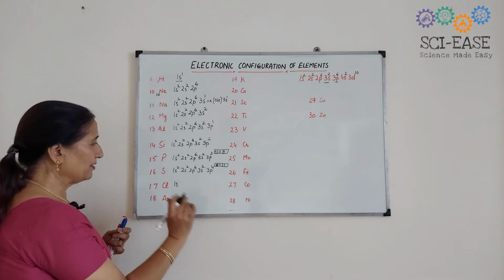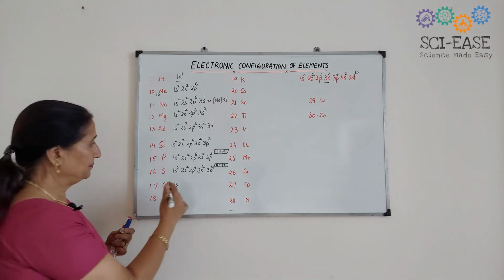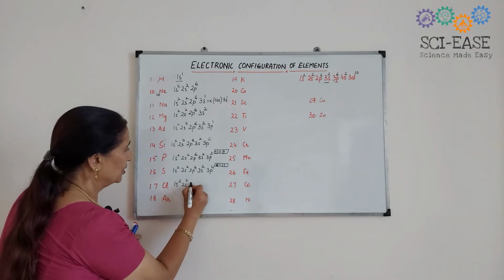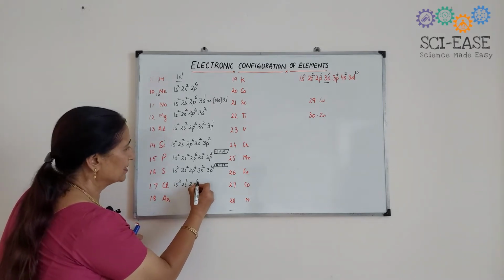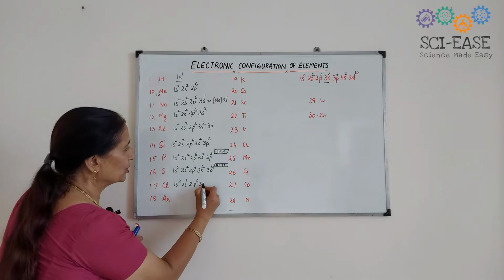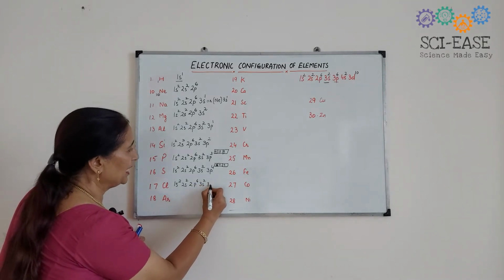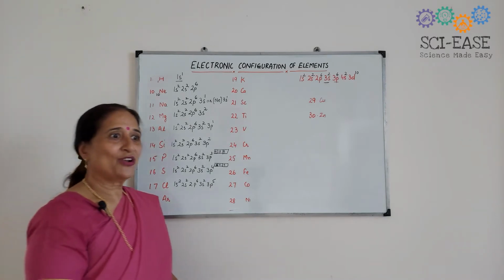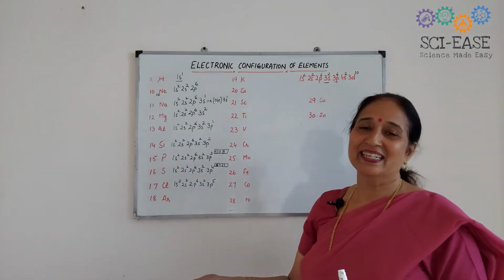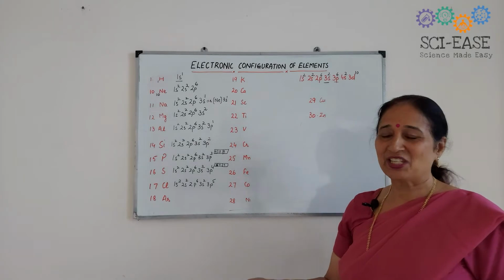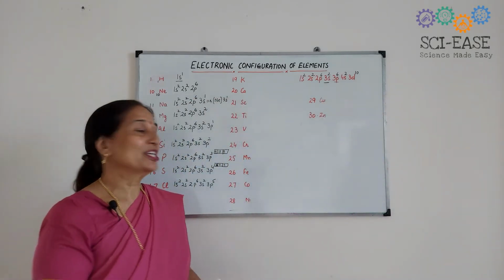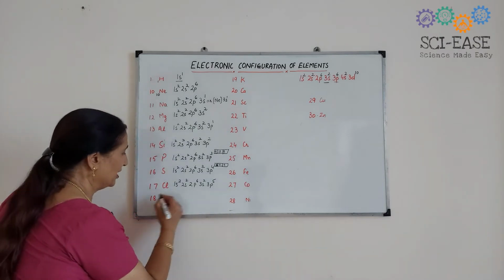So chlorine is 17. It is a halogen. 1s2, 2s2, 2p6, 3s2, 3p5. Now next is again an inert gas, noble gas, argon. Here p subshell will be fully filled.